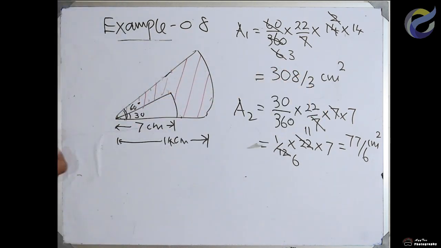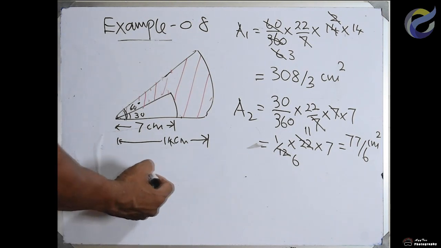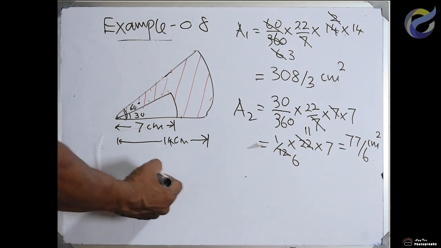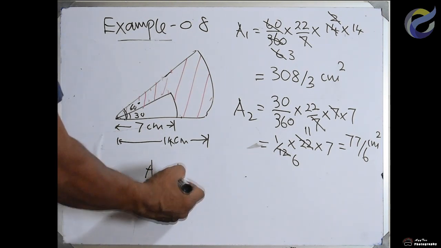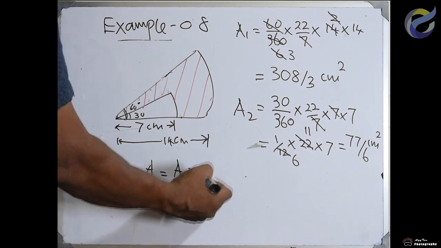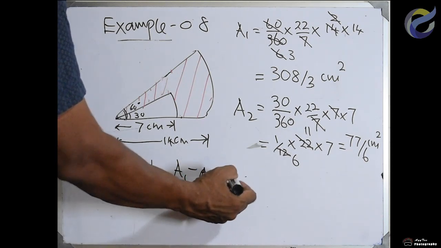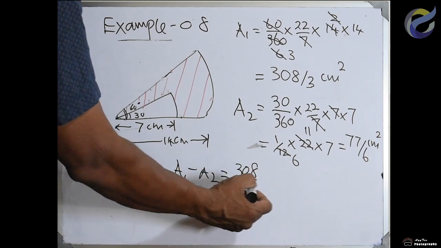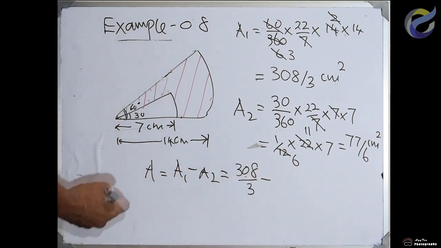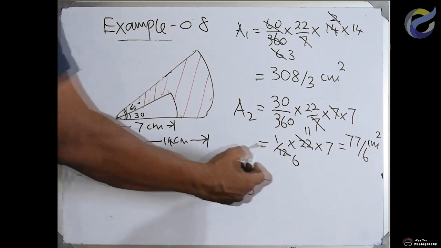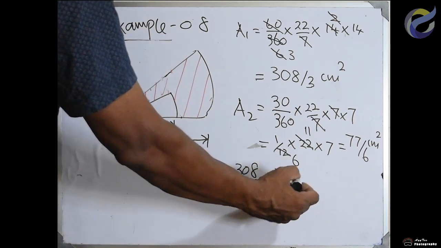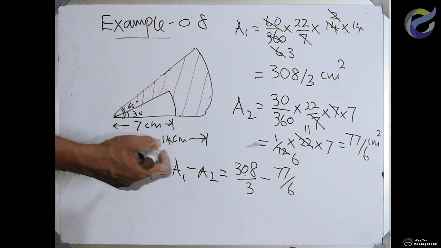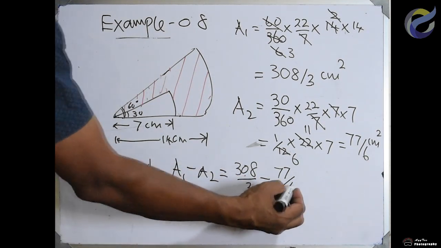Now final area A equals, I write here, larger sector minus smaller sector. Larger sector 308 over 3 minus 77 over 6. Right, now for these two LCM is 6.